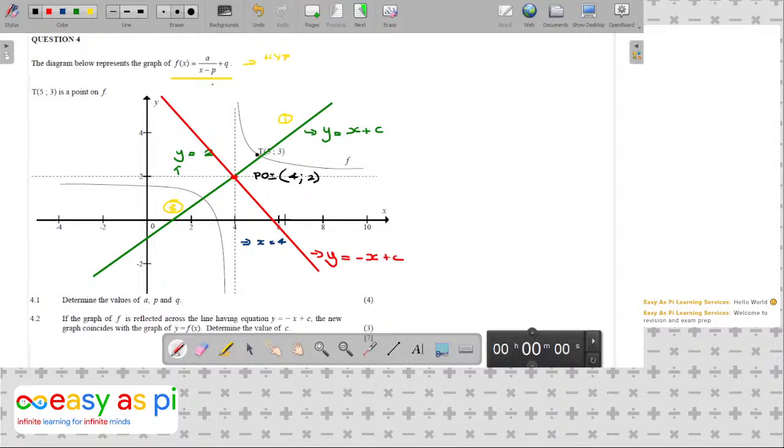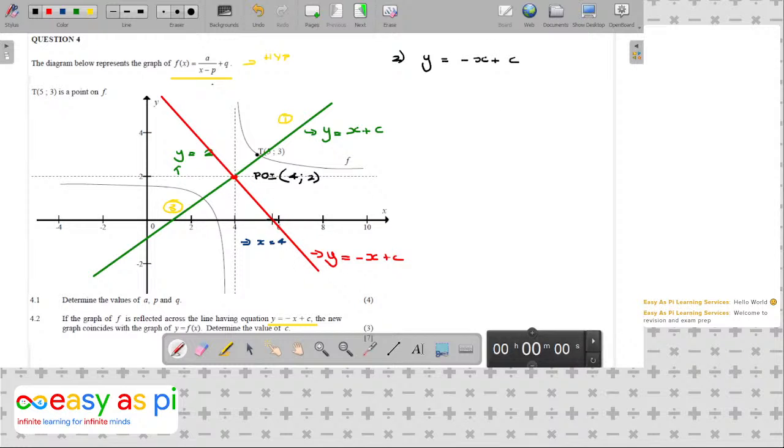And we also know that if you look at what we were given here, we're working with the straight line or the axis of symmetry that has a negative gradient, which is the red line. So the red line has a negative gradient. You can see that. And so the question is, how are we going to work out the c value? Well, if we start, we can say that y is equal to minus x plus some c value.